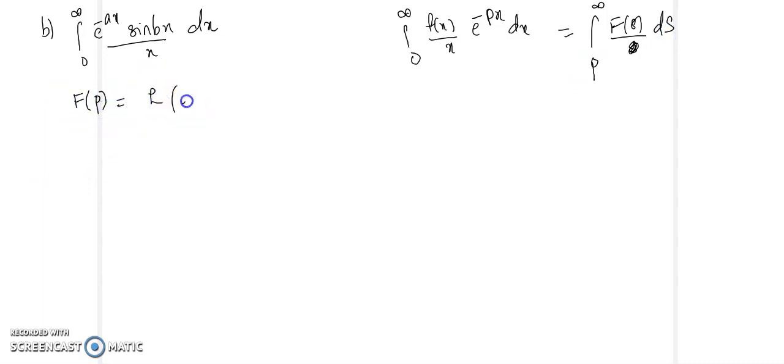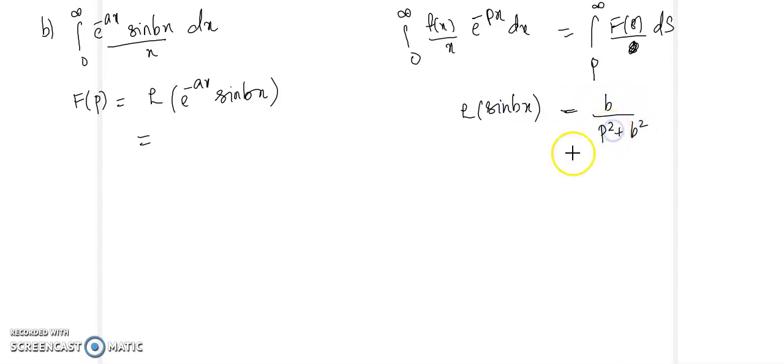F of p will be the Laplace transform of e raised to minus ax sin bx. L of sin bx is b by p square plus b square. So now you have e raised to minus ax, where p will be replaced by p plus a. So you'll get b by (p plus a) whole square plus b square.